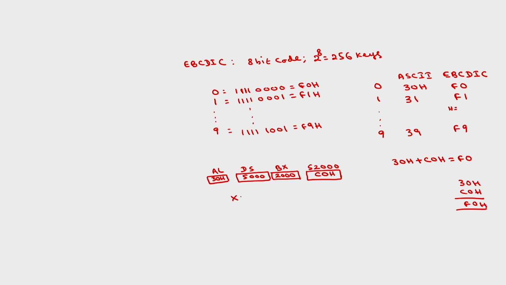So if I write XLAT, what will be the contents of AL? As I have explained, AL will be the contents of AL plus the contents of the memory location pointed to by BX. AL contents are 30H, plus the contents of 52000H, which is C0. So you will get F0H.